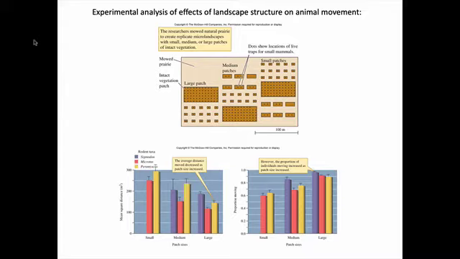So if a habitat is fragmented, it forces animals to move farther. The problem with that is that relatively few animals can make those movements. And so the ones that can't make those movements run into trouble. If they're out of resources, they will starve. If they can't find mates, they will not have the opportunity to reproduce.